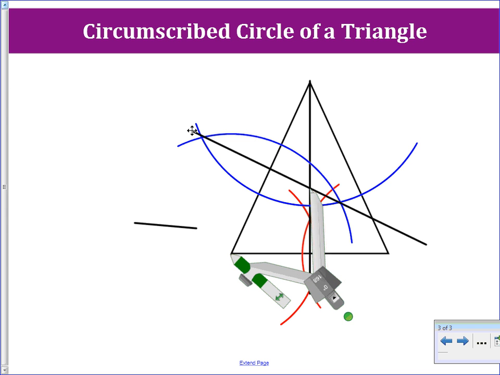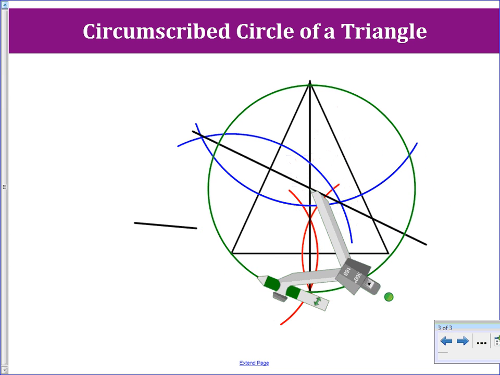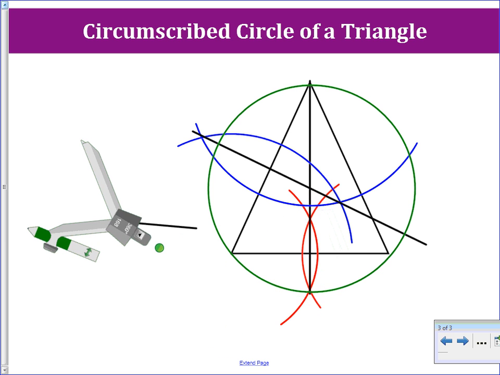Now that I have that distance set, I'm going to draw a circle, and this circle should intersect all three vertices of my triangle. So if we draw and intersect, we hit that one, and we hit our top one, and we are fairly good for our circumscribed circle.